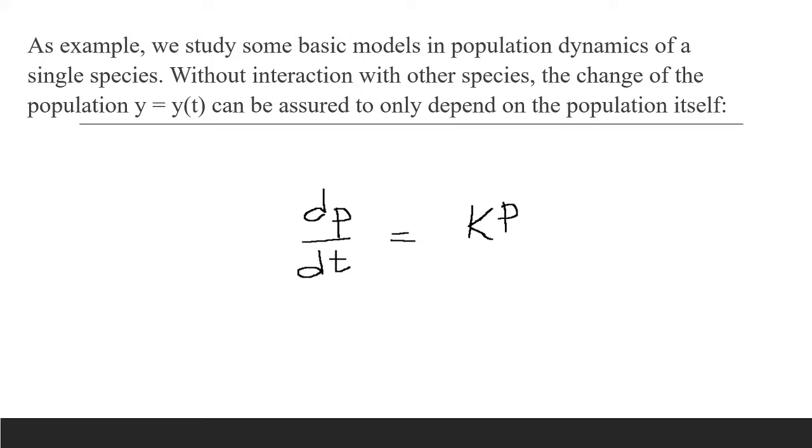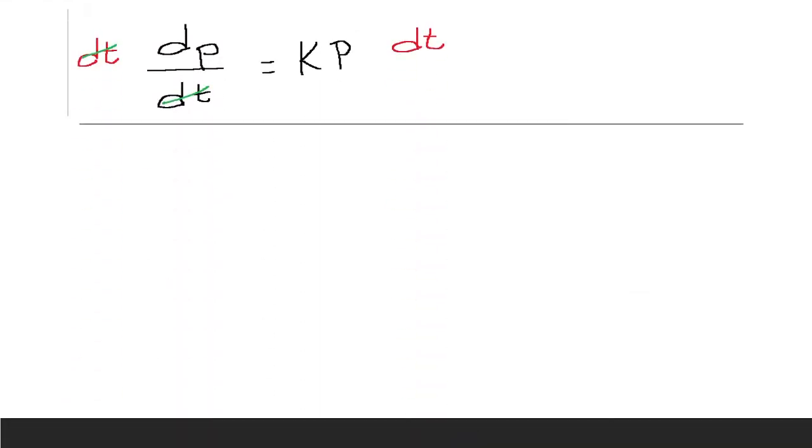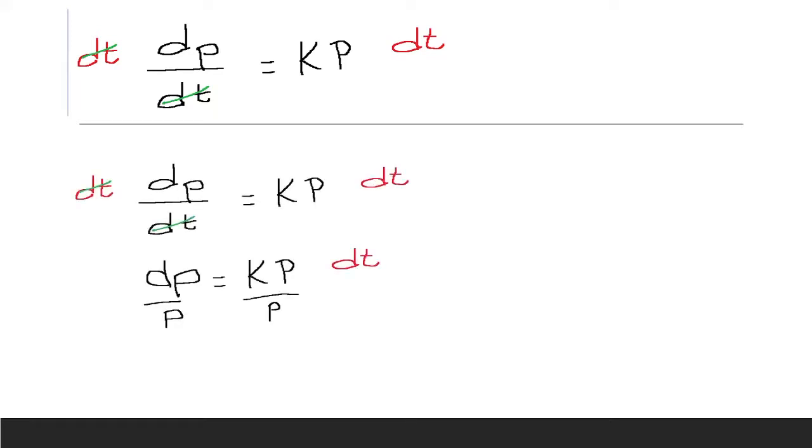Now, how can we derive a general formula to calculate the population at any time? In order to do this, let's multiply both sides by dt so that these two will cancel, and so we have dP = kP dt.